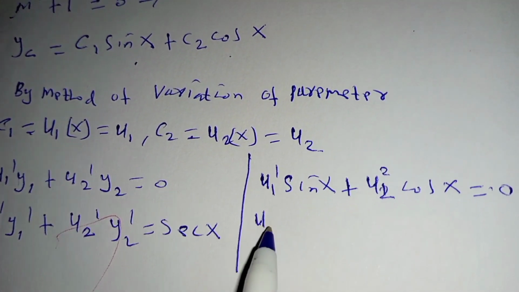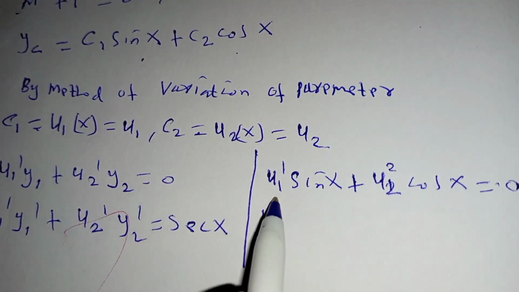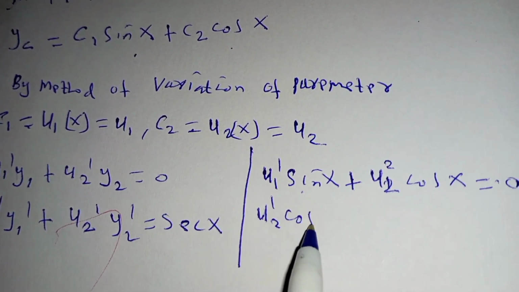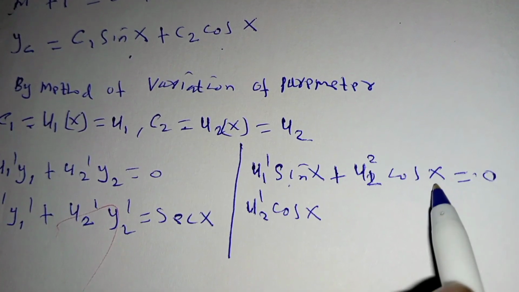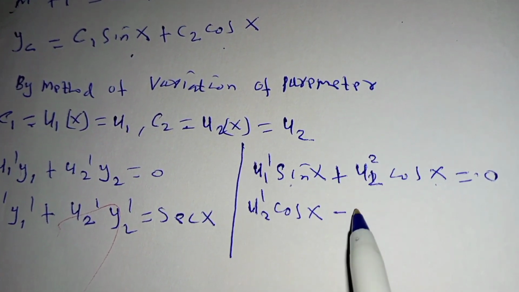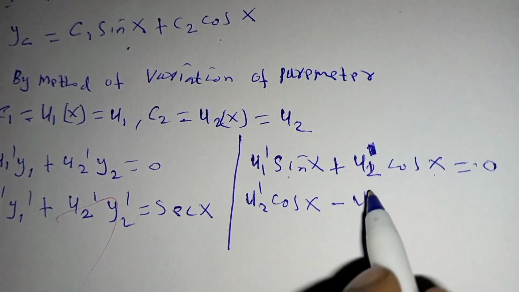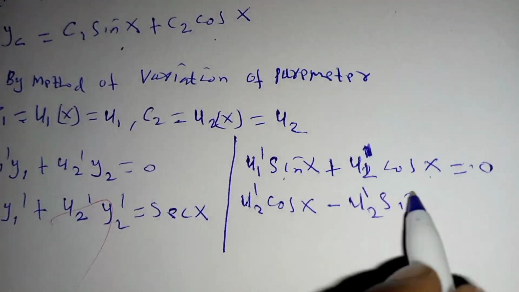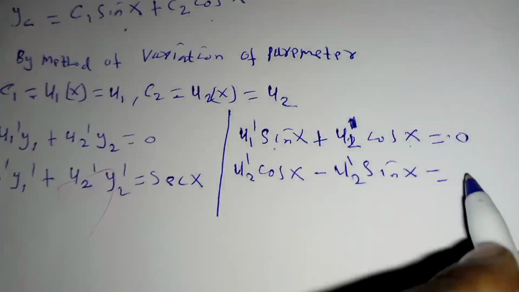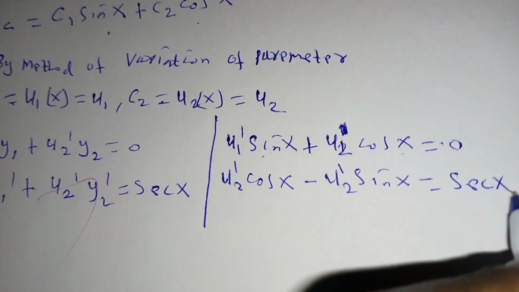Our y2 is cos of x, and when we differentiate cos of x, it will give us negative sine of x. So U1 prime cos of x minus U2 prime sine of x, which is equal to sec of x.